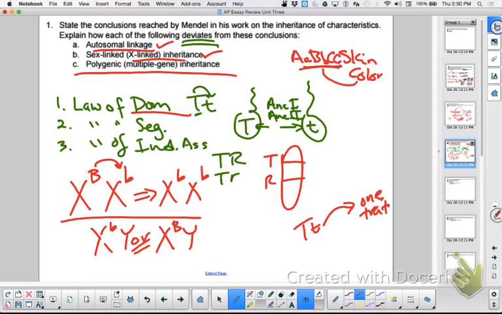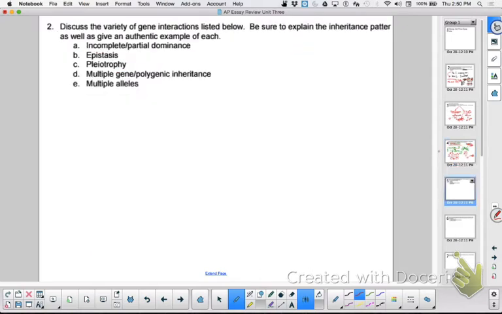It's polygenic to give us our skin color. So it's not like there's dominant or recessive. It's not straight up dominance. It's a combination, an amalgamation, in order to create that trait. Good? Okay.